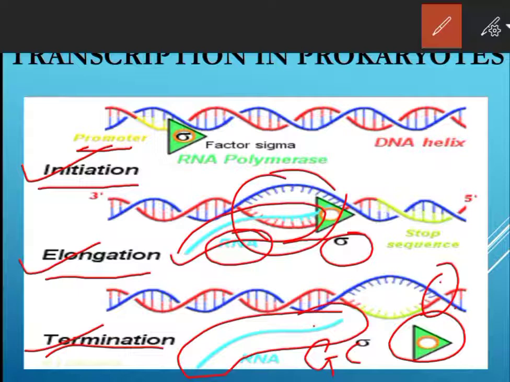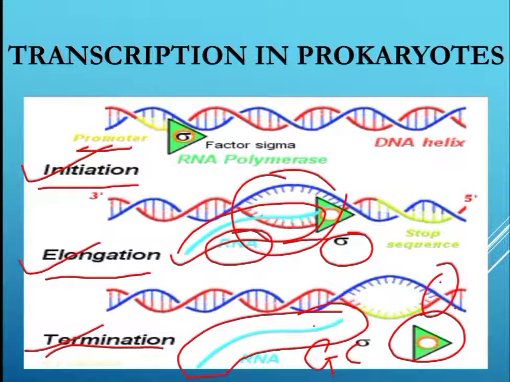I hope all these 3 steps of transcription are clear to everyone. That is, initiation, where the RNA polymerase gets attached to the promoter region associated with the sigma factor.